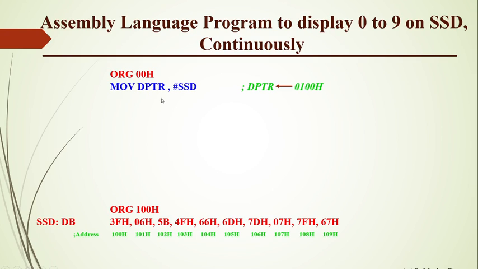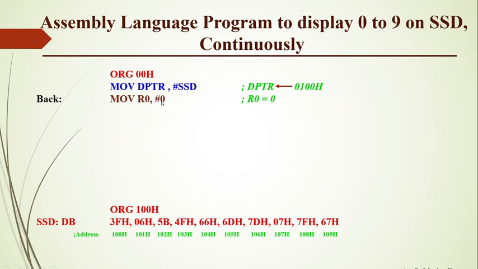We are moving the starting value of this array by using the instruction MOV DPTR, #SSD. So here the starting address of this SSD array will be loaded into the DPTR, that is nothing but 100H. The second instruction is MOV R0, #0.